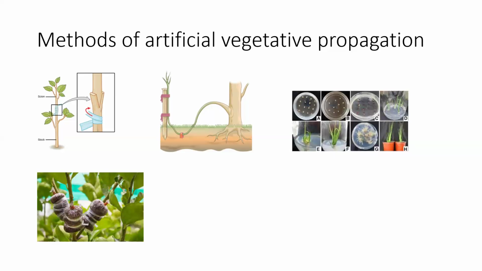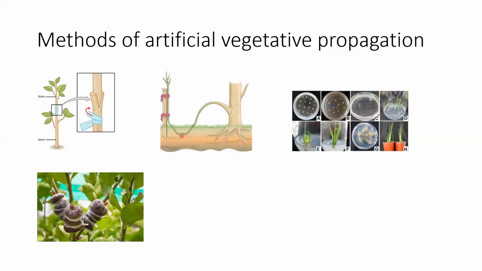Micropropagation. So with micropropagation are these ones that we see. Let me first try to remove this. Are you seeing where there is A, B, C, D, E, F, G, H? So you start with small tissues of plants.